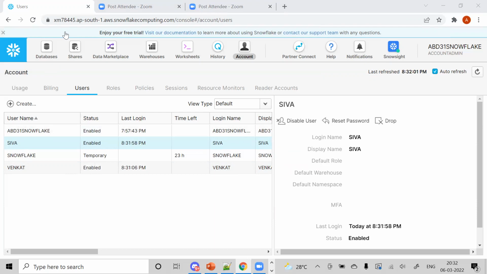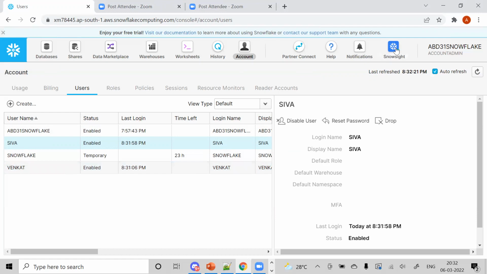How many worksheets? Yes, I'm able to see the worksheet. You will just have one public role only as of now. So don't worry about that. You just have the public role. I'm just doing some demo for network policy. No, this looks like a new interface, Abdul. Yeah, for me also. So do one thing.